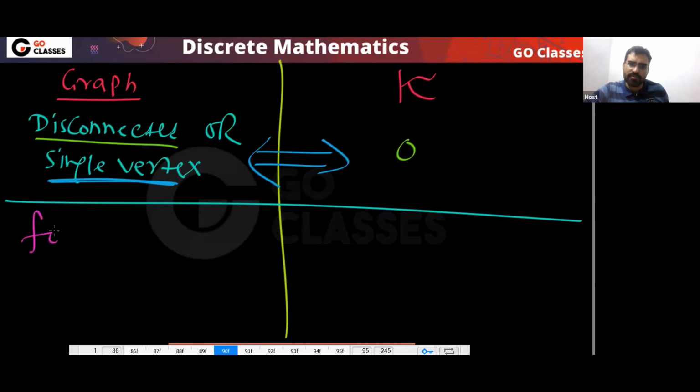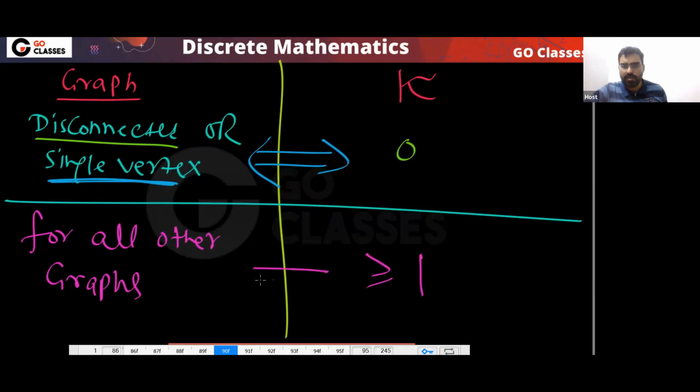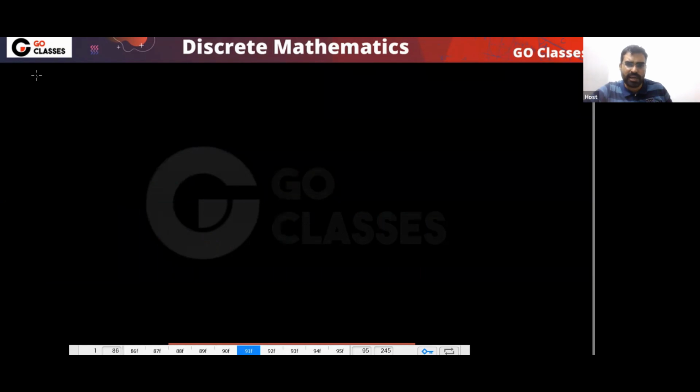For all other graphs, kappa will be greater than or equal to 1. Now let's see for Kn, the complete graph on n vertices.